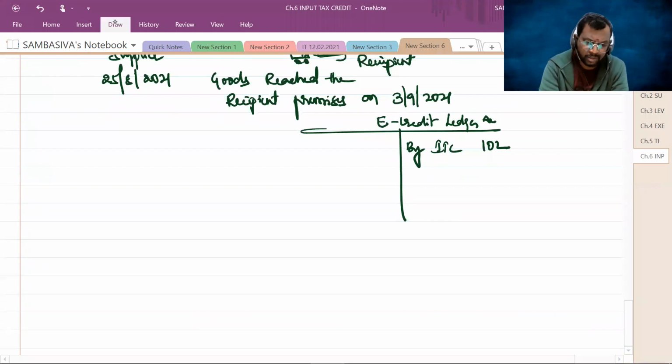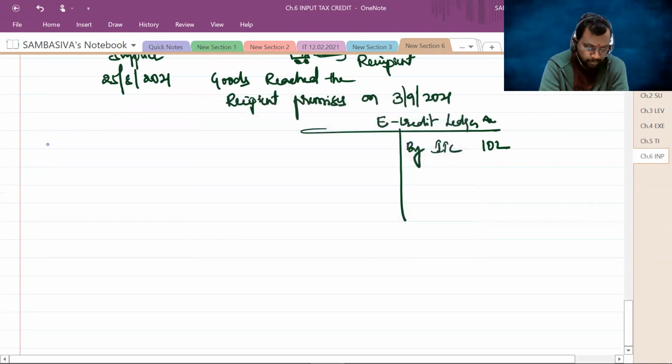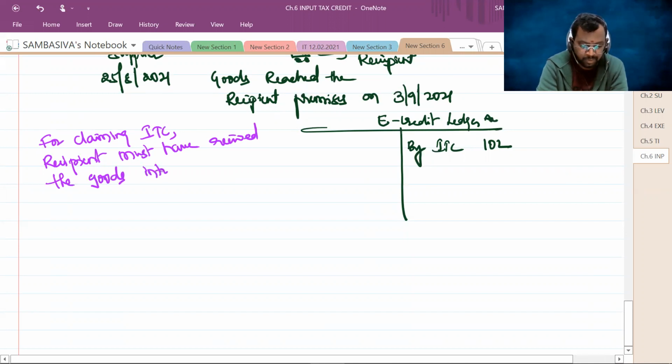So the original provision I can write here: for claiming input tax credit, the recipient must have received the goods into his premises.